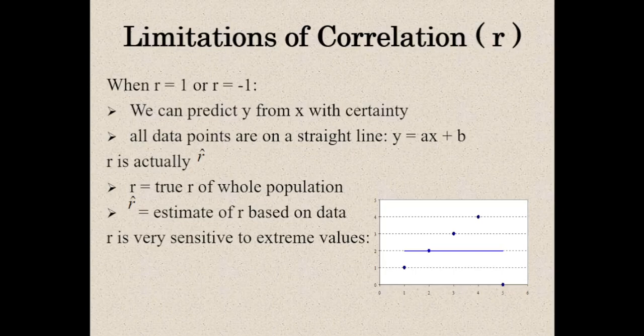So here the correlation coefficient is the estimated one. The normal R is the true R of the whole population. Whole population means it is for all the cases.